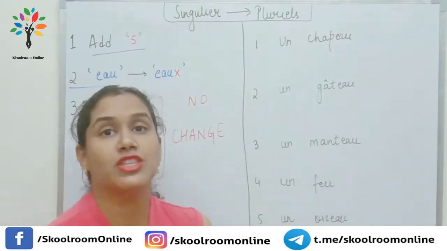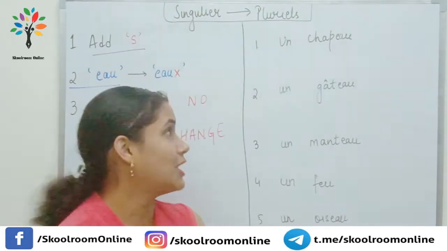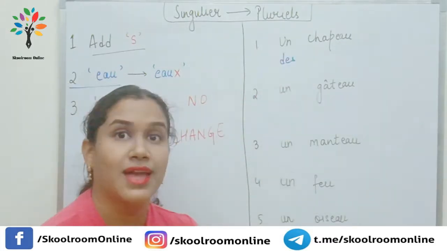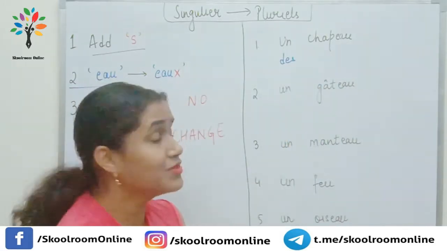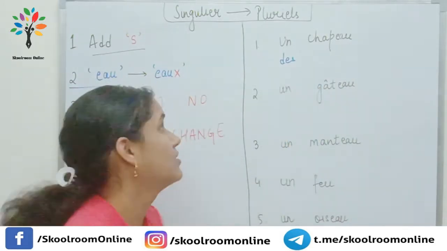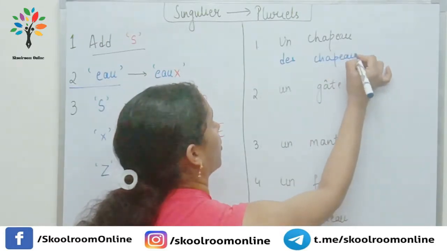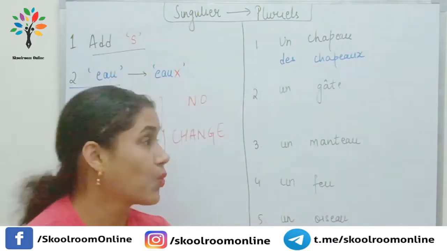So if we change them to plural, what do we do? The first step remains the same: change the article to its plural form. Then instead of adding an S, we will add an X. So this will change to des chapeaux. Des chapeaux.